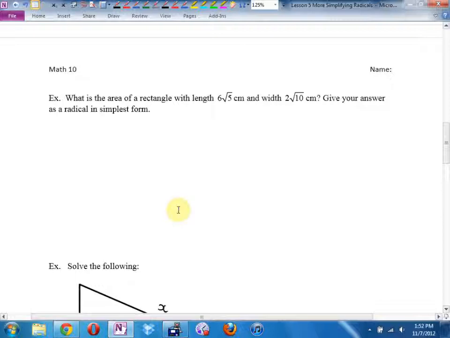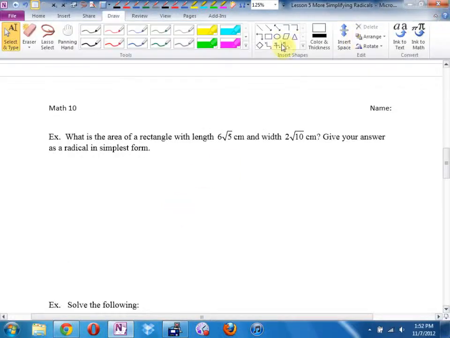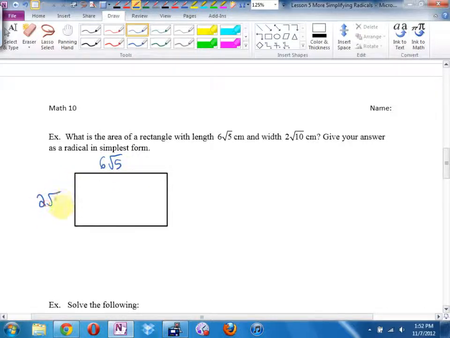What shape? Rectangle. You know what? Let's draw a little picture. There's my rectangle. And I guess the length is 6 root 5, and the width is 2 root 10, and it's a rectangle.